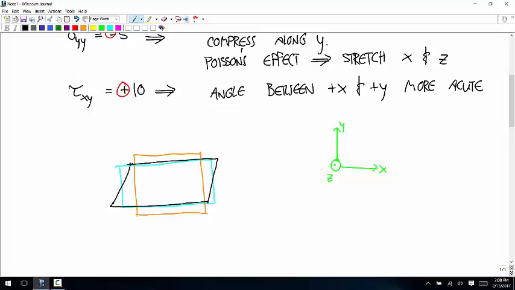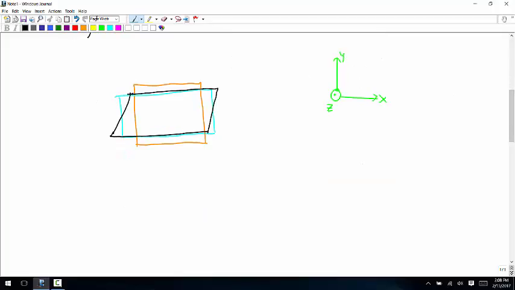Okay, because if this is the cube, right, now think about what face the positive x-axis would be normal to. So this is the positive x face.